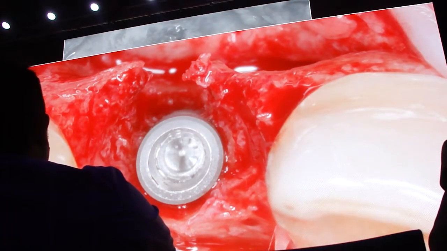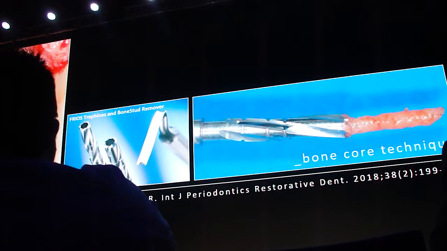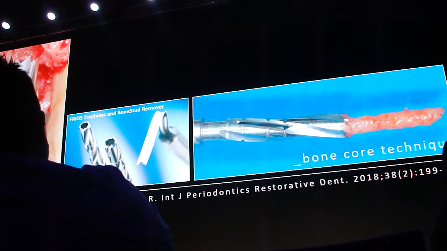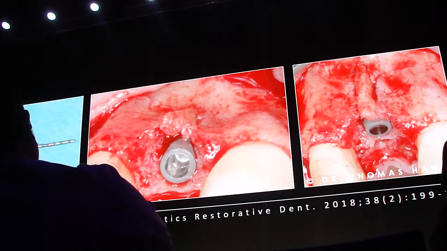Well, we collect bone during the implant site preparation using this beautiful Dentsply tree fine. So by making the implant site preparation, we collect the bone core and we collect bone chips, all coming from the same area. And finally, we are able to rebuild the missing tissue volume by bone coming from the implant site itself.